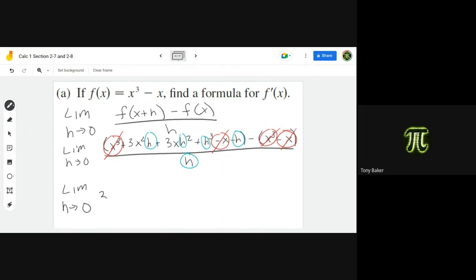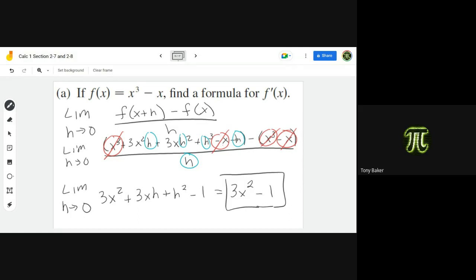So I end up with 3x squared plus 3xh plus h squared minus 1. Which equals 3x squared minus 1. That is my final answer.